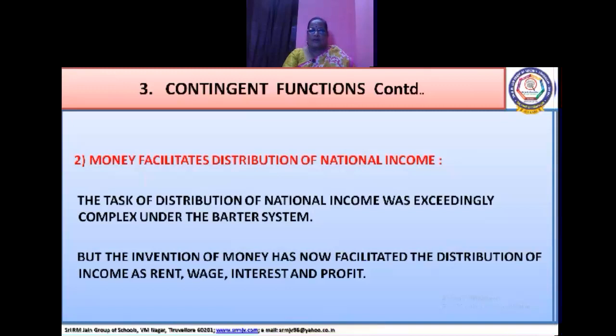Will you please tell me what all these are? Rent, wage, interest, and profits are sub-factors of production.